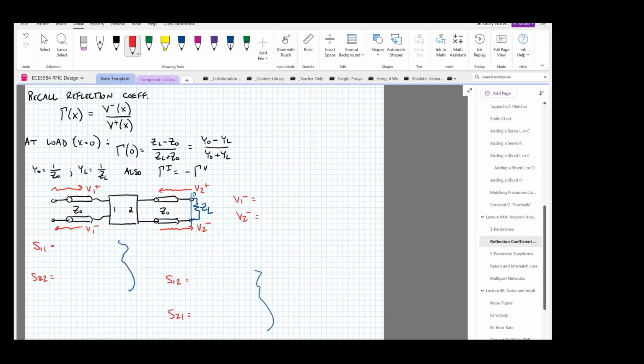If we put an input in instead at port 2, then we have an incident wave V2 plus, and coming out of the circuit could be V1 minus or V2 minus. And so we can write another system of linear equations. You can say that V1 minus is equal to S11 times V1 plus, S12 times V2 plus.